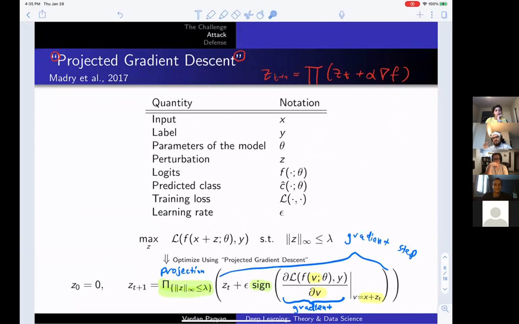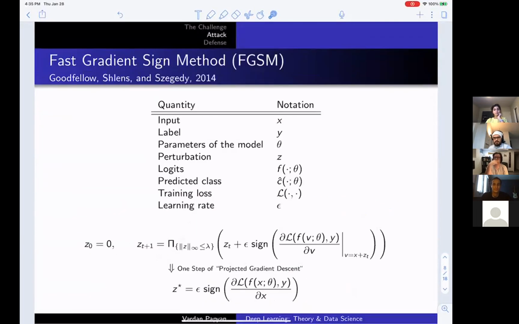Yeah, so I don't want to confuse you guys. You should think of this as an algorithm that was proposed in 2017 by Madry. And if you get confused about why it is called projected gradient descent, forget about your education in optimization.